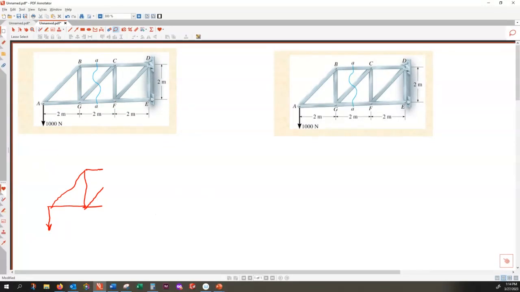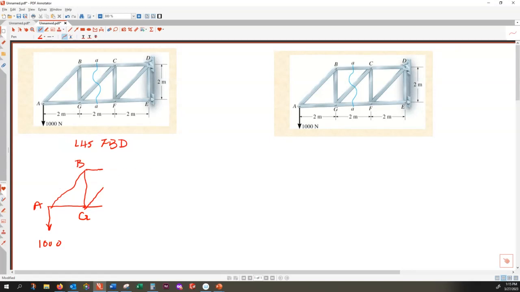Okay, so that is the left-hand side free body diagram. So this is not complete. Can you help me to complete that? First, I put the external force 1000. Second, I do the labeling. The labeling is A, G, B.